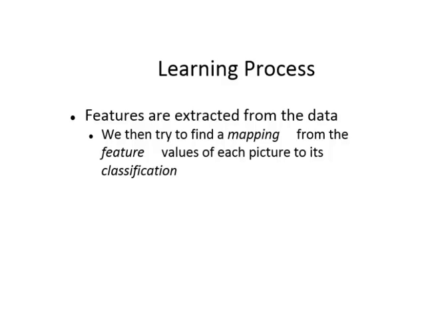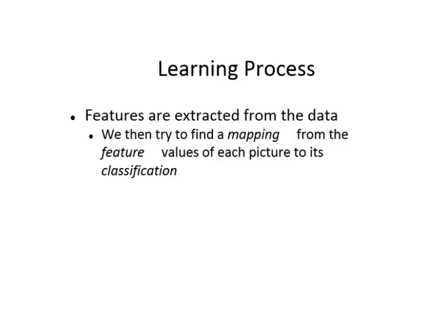The learning process in general is to try and find a mapping from the values of each object to its classification. For example, we want to find a map that links the height and width of each object to the object's name, horse or dog or rabbit.